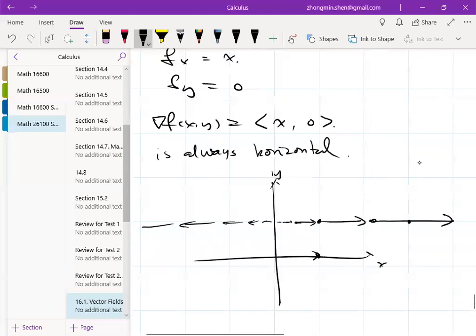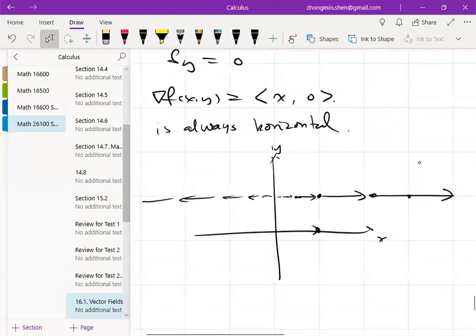Nearby the y-axis, the vector fields are very short and small. Okay? But vertically, they're identical. If you draw the graph, you have to make it longer and longer, and short. So a typical example would be like this.